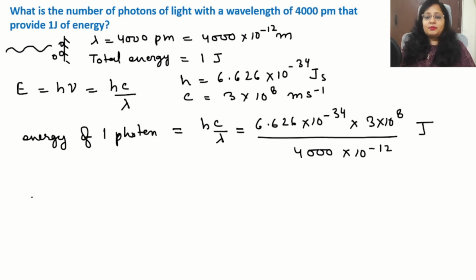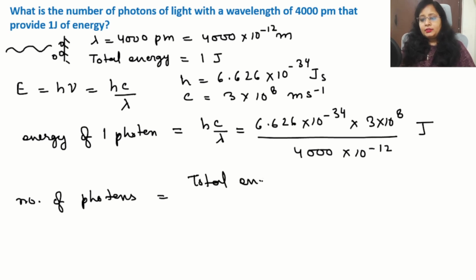The main step is the number of photons. So we can write number of photons is equal to total energy of all the photons divided by energy of 1 photon.